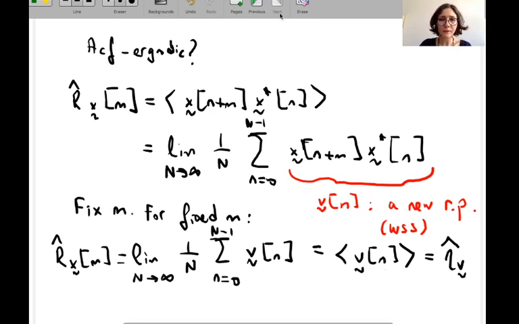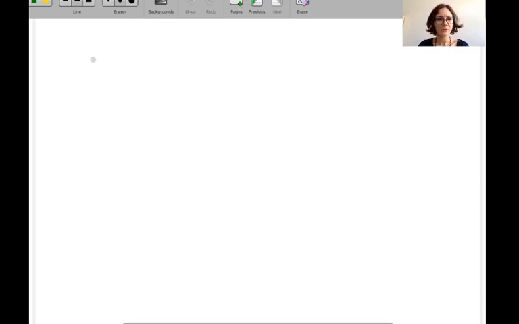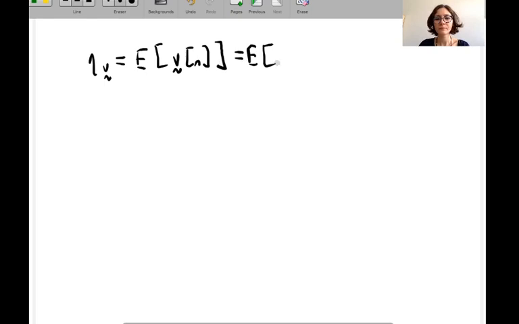But let's first see what the mean would be. We don't know if this is equal to the time average estimate, but let's just, out of curiosity, find out what the mean of this new function is. So the expectation of V of n is the expectation of x of n plus m, x conjugate of n.